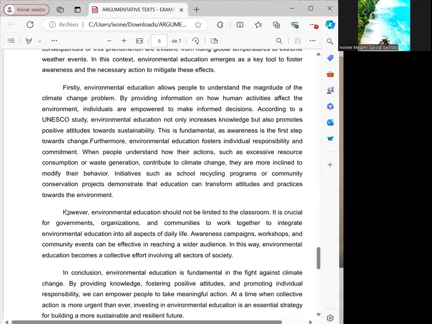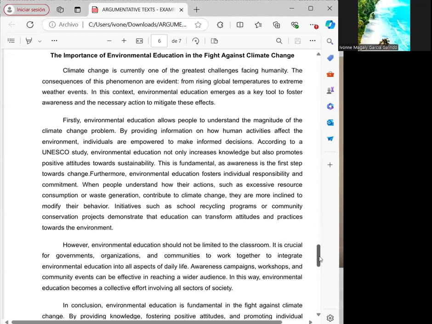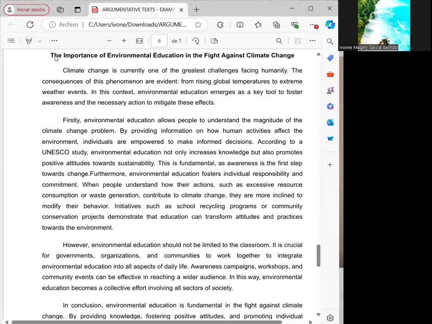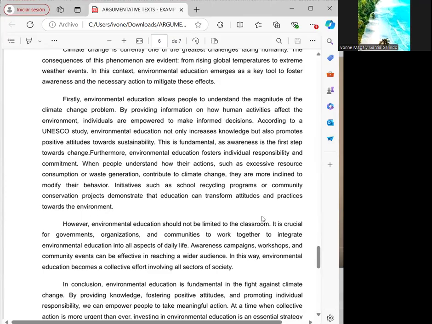So here we can find that the problem of this test is we need to change the introduction and to reveal the main idea. Because here she's saying education should not be limited to the classroom, and this is a counter argument.